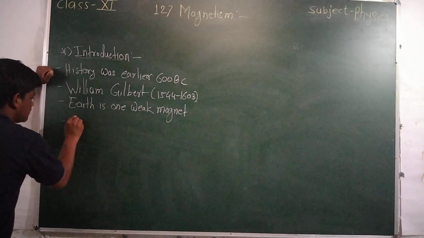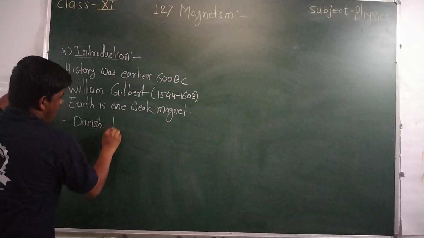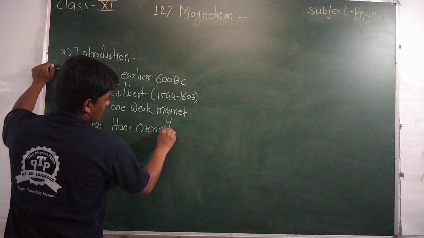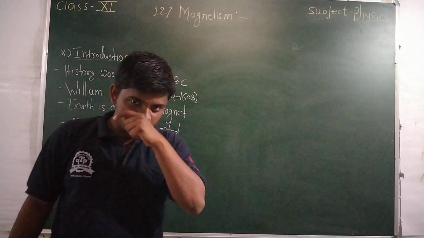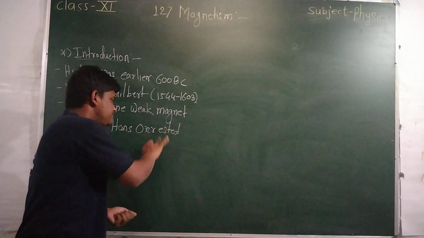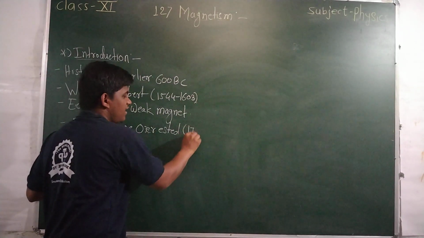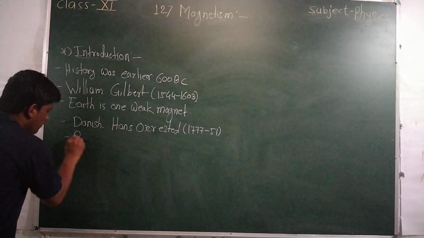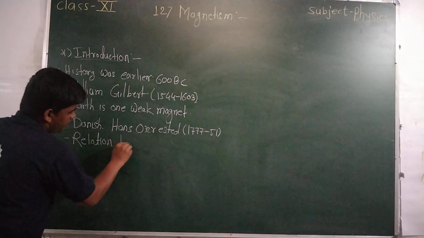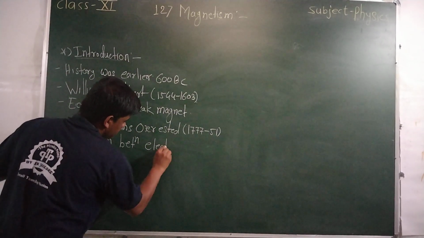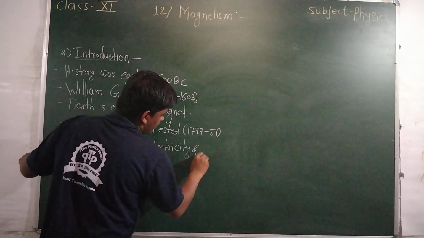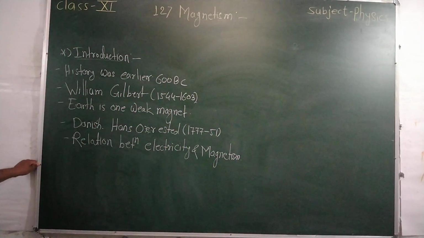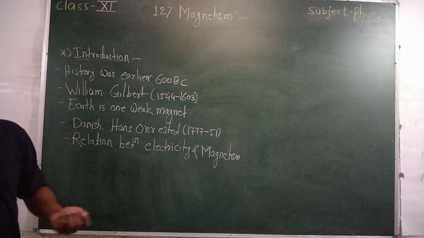Maybe there is some spelling mistake in the name. Ørsted, from 1777 to 1851, showed the relationship between electricity and magnetism.